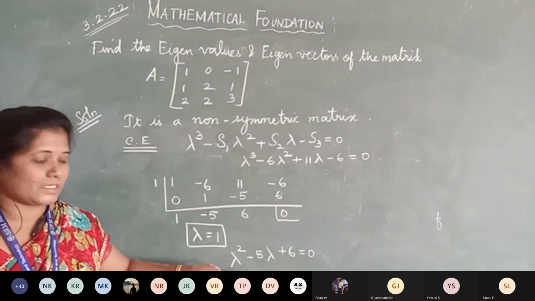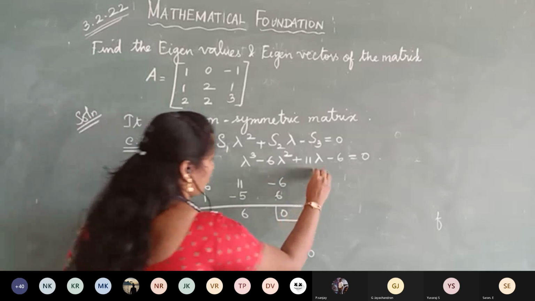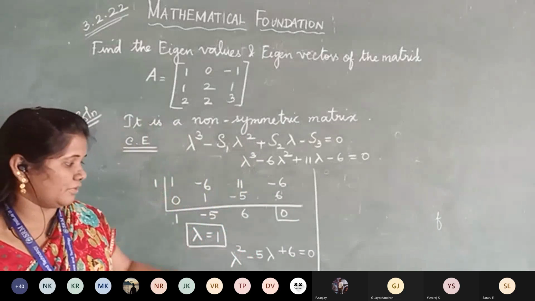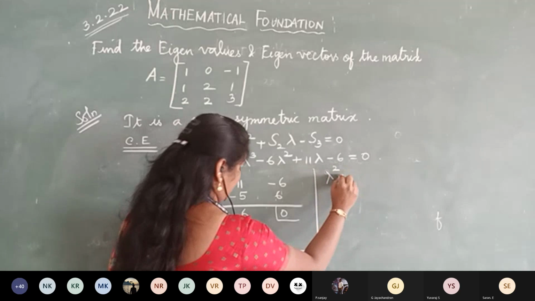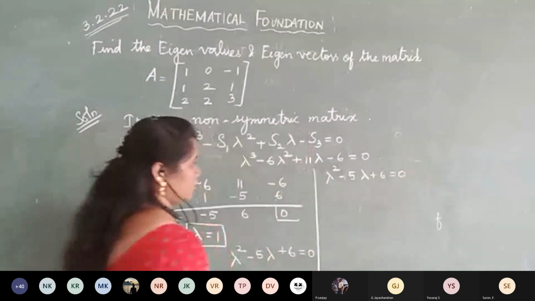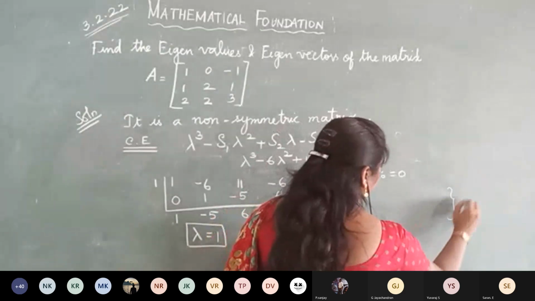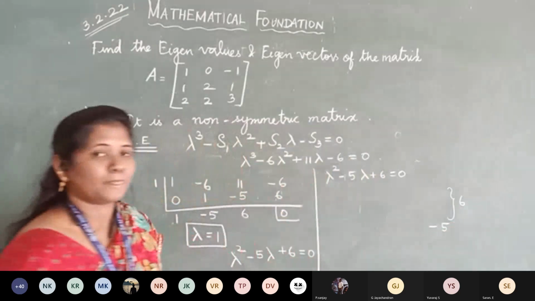We have got this equation: lambda square minus 5 lambda plus 6. This is how you will solve it. You know how to solve a quadratic equation. You need to find two numbers such that when you multiply, you get 6, and when you add, you get -5.